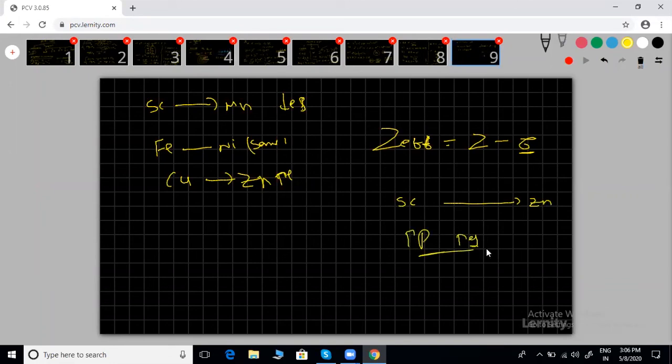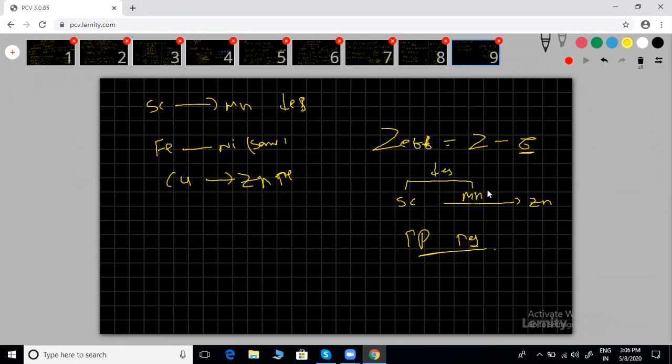Up to manganese, the screening effect is very low because the number of electrons is less, so Z effective is more. Z effective is more means size decreases up to here.